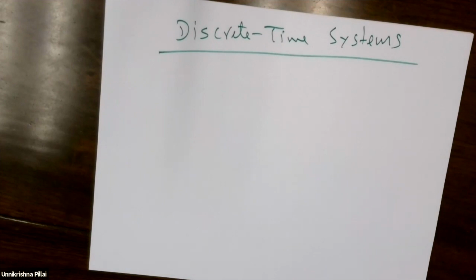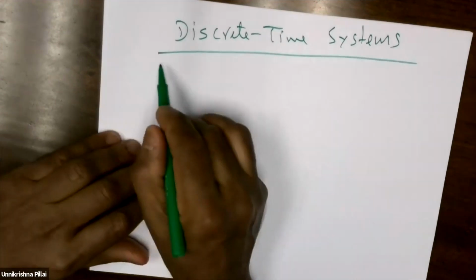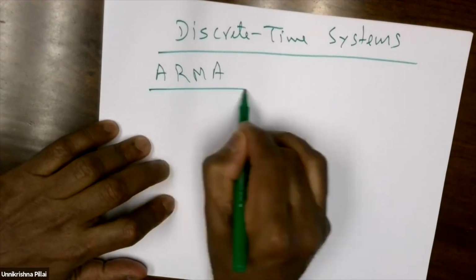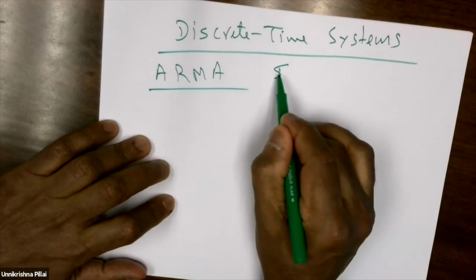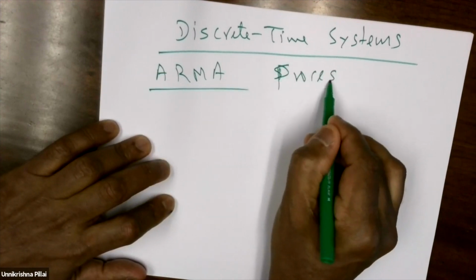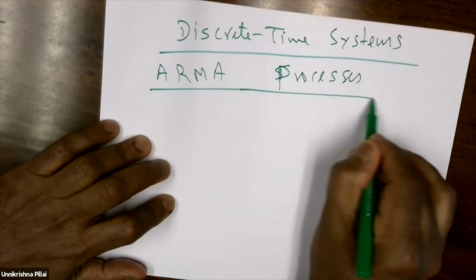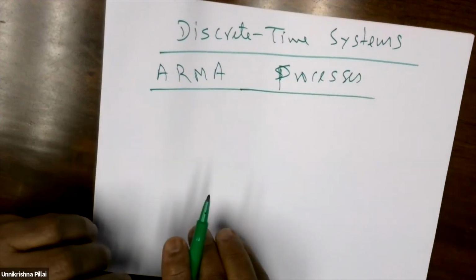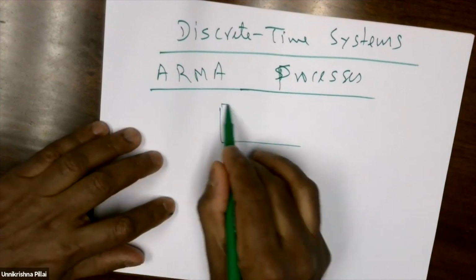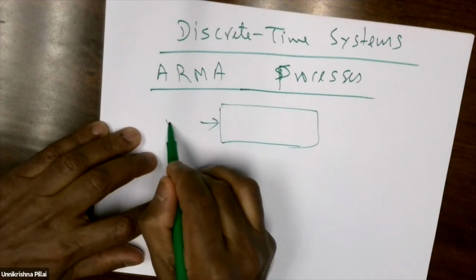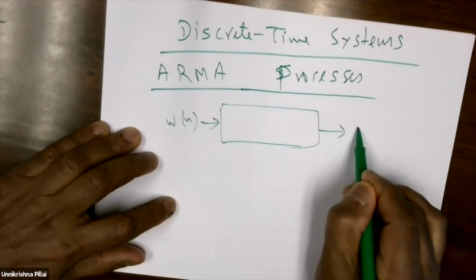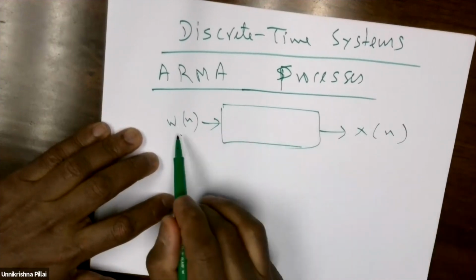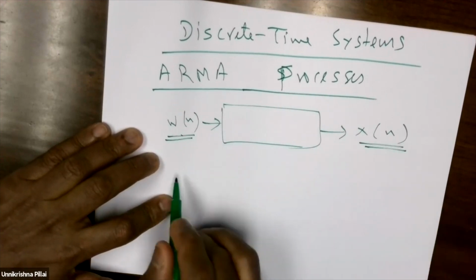So I want to study a special discrete time system called the ARMA system, ARMA processes, and we'll connect it with systems also. So look, some input to a discrete time system, some output from a discrete time system.